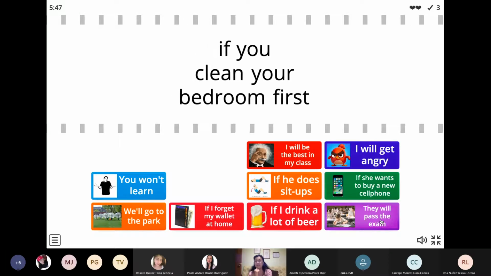Very good. Continue. If you clean your bedroom first, the second part.